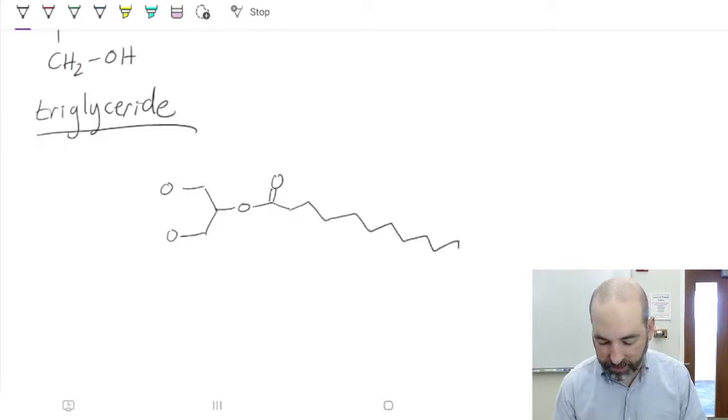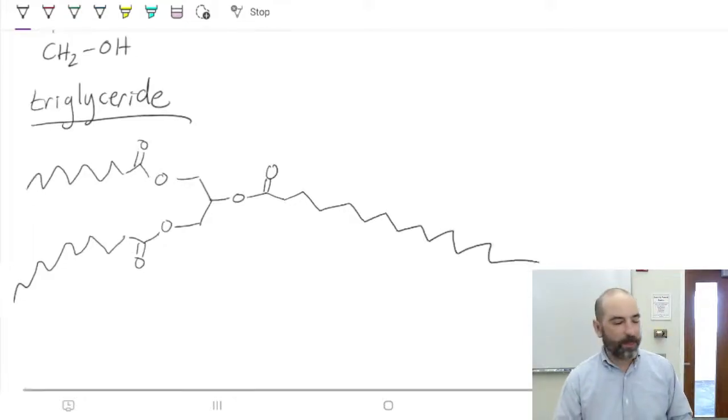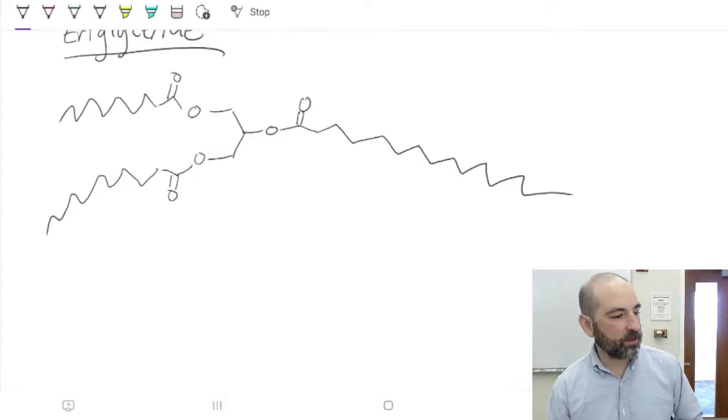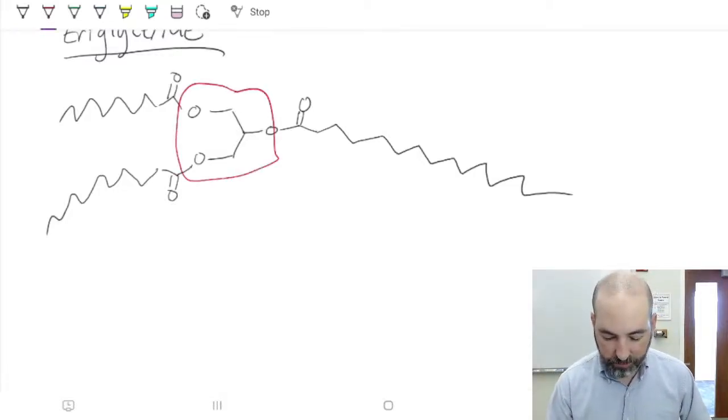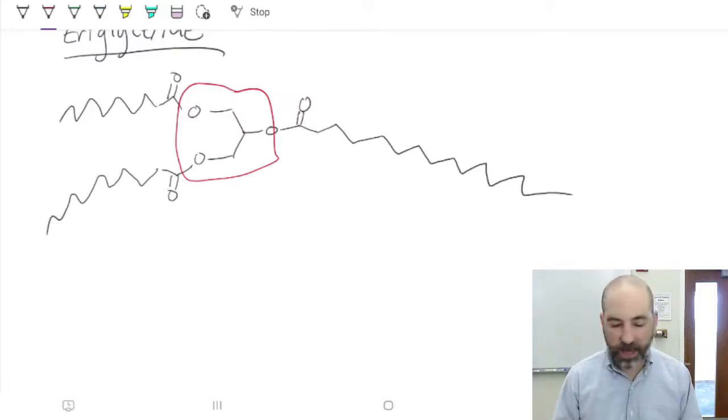I'm just going to draw saturated ones, but it could be whatever. Sorry for my scribbles here as I run out of room. But hopefully you can see that you've got the glycerol molecule here in the middle, and then you have these fatty acids coming off going to either side.